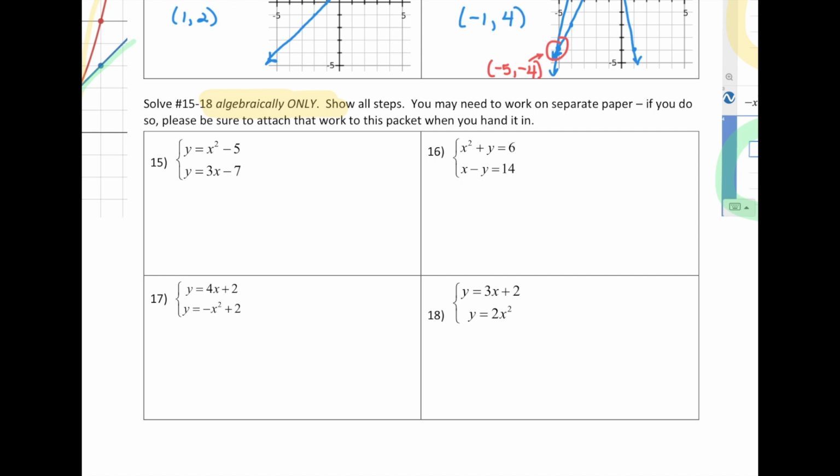So the first thing you want to do, remember, is check and see that the equations are all in y equals form. When you get to number 16, which I'll do in a minute, you're going to need to change both equations so that the y is by itself.